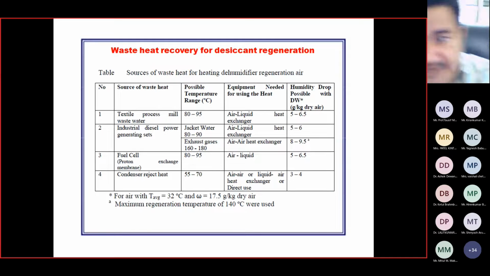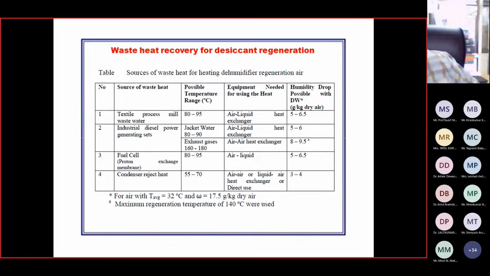So this table will give an idea about the kind of heat available, as well as the drop in humidity in the dehumidifier in terms of grams of moisture adsorbed per kg of dry air supply. A textile application will have some temperature; a diesel generating set will give you jacket water or exhaust gases at that much temperature.